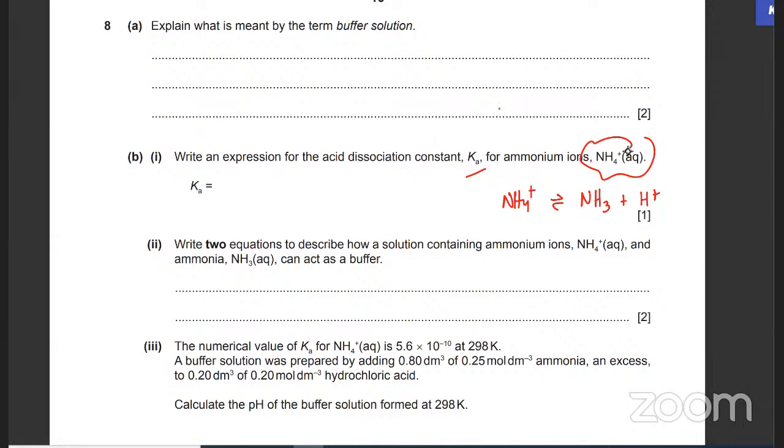Remember, this is your standard acid dissociation equation, something that will produce H plus 1 and some other thing. So what is the expression? Products over reactants, it's going to be NH3 concentration times H plus concentration divided by the NH4 plus 1 concentration.